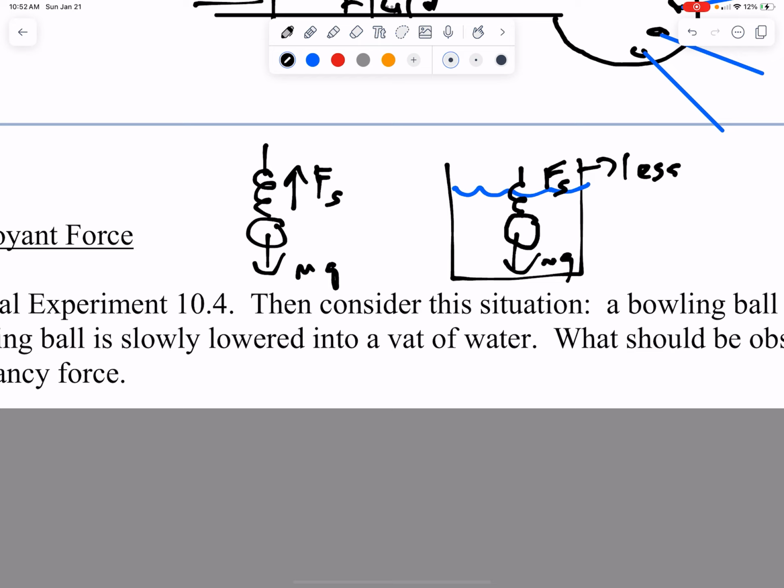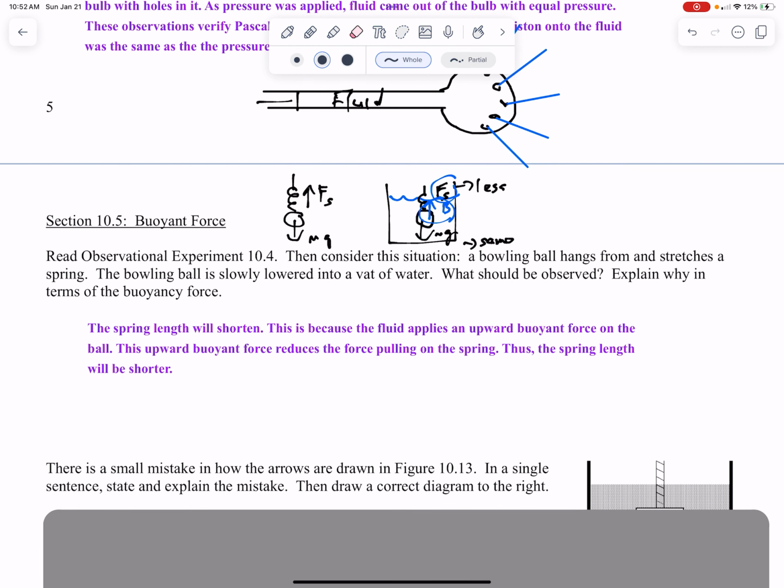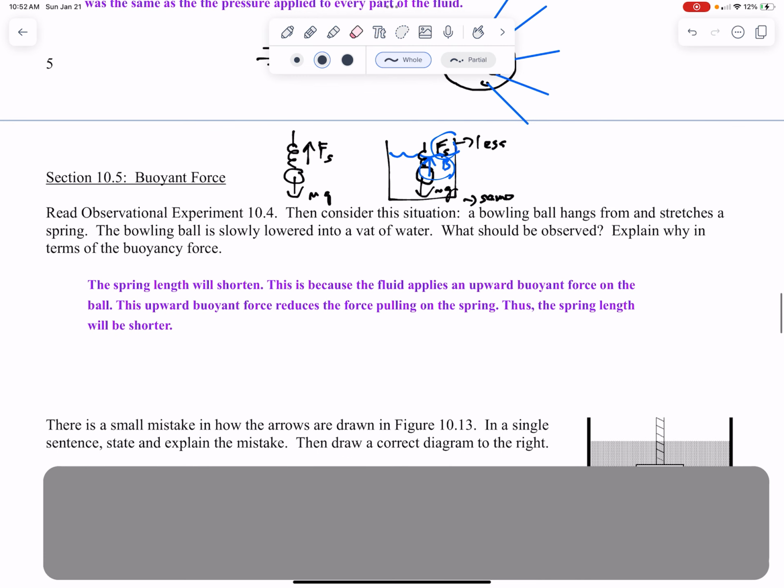The mg, or the weight, will be the same because it's the same mass, same acceleration due to gravity, but because there is an upward force due to buoyancy, these two forces are now going to balance the weight. So it's the buoyant force that is making less spring force, which means the spring will stretch less. That's exactly what was observed. So the spring length will be shortened. This is because the fluid applies an upward buoyant force on the ball. This upward buoyant force reduces the force pulled by the spring, thus the spring length is shorter.